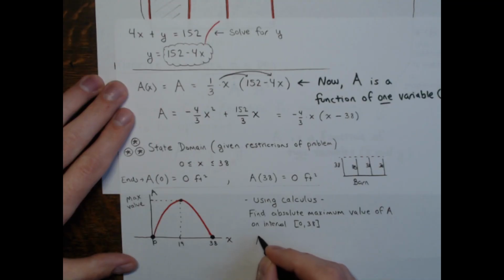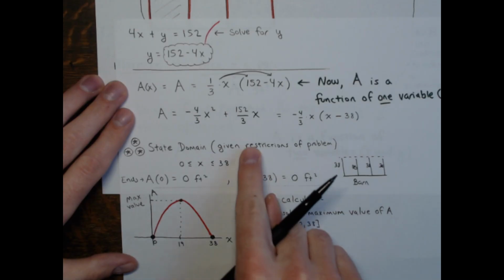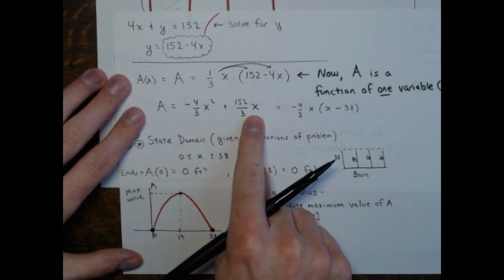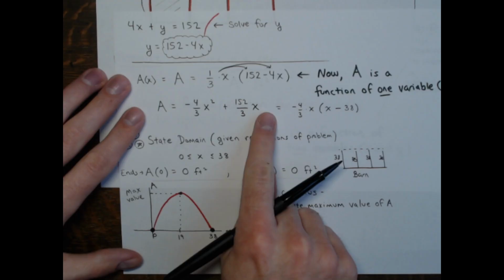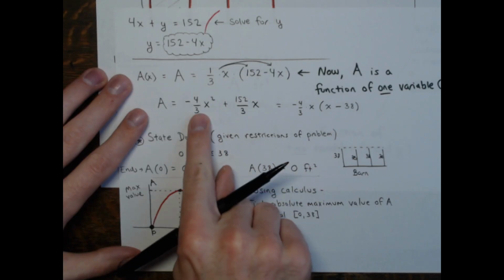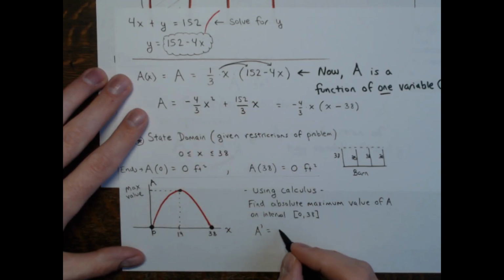And then you take the derivative, right? So A prime, or dA over dx with respect to my x variable here. That's why I wrote it like this polynomial, because this is a simple power rule, term by term. Your derivative, when you go term by term, would be negative 8/3 times x plus 152/3.